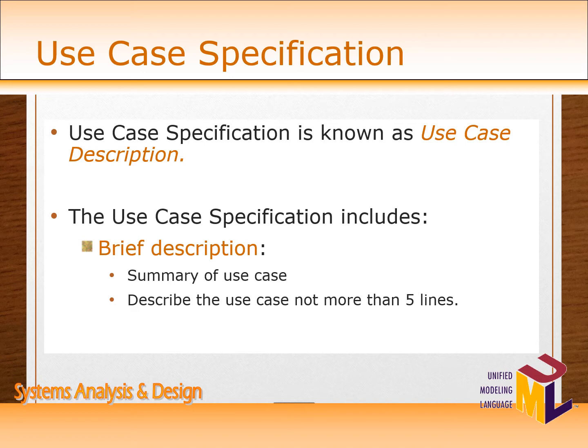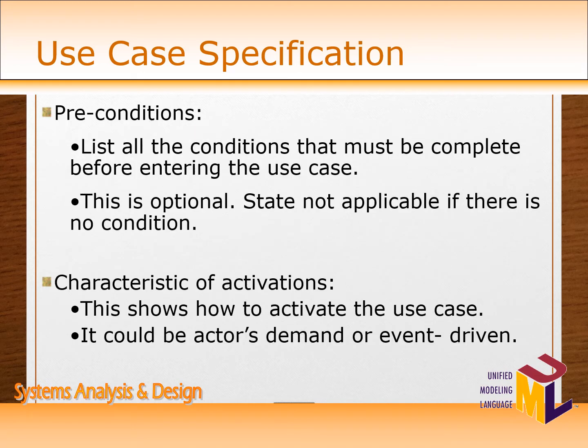You don't combine it with other functions as it makes it too complicated. Normally it's not more than 5 lines, because the detail of the processes will be captured later on in the normal, alternative, or exception flow.